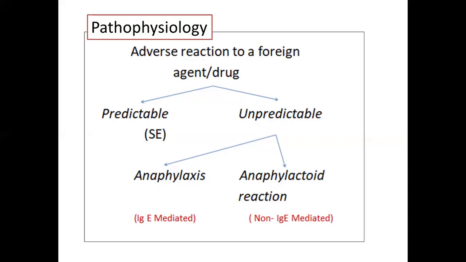That is an unpredictable reaction to the antigen, which can be anaphylaxis or anaphylactoid. Anaphylactoid means non-IgE mediated, for example radiological contrast medium, wasp bite, snake bites, right? On the other hand, with IgE mediated reactions there should be a previous antigen exposure. Only the second time does the patient get anaphylaxis, right? Clear?